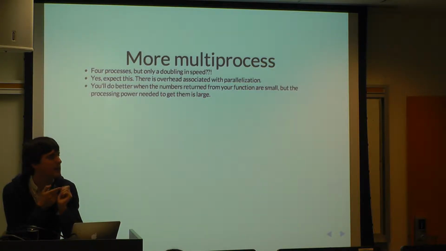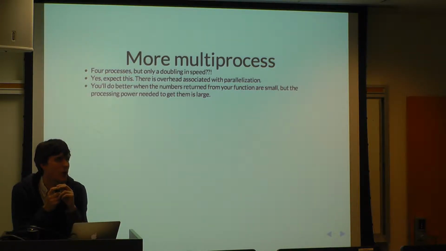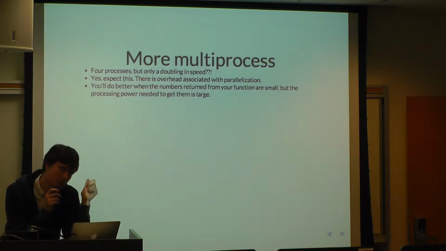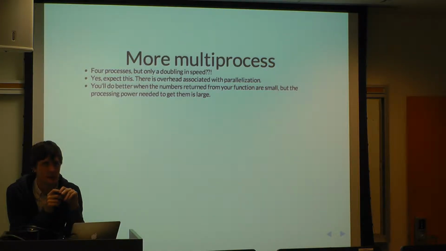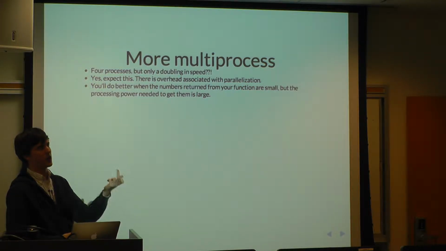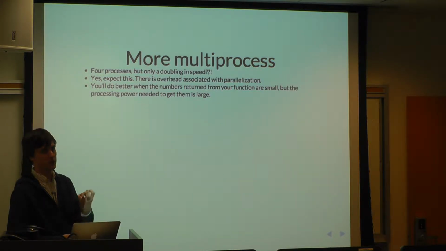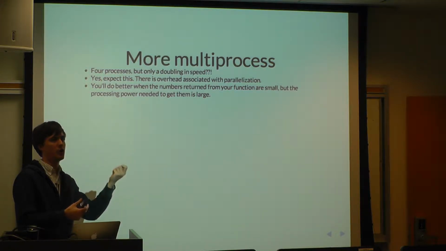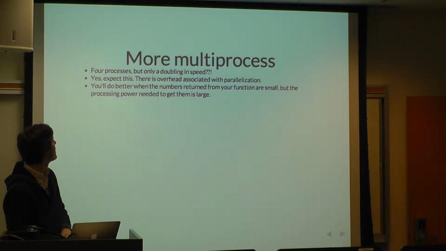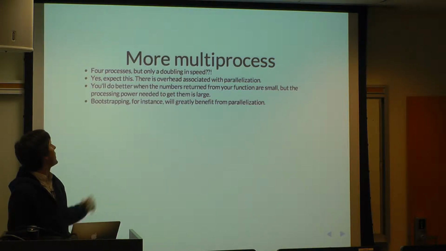The way the internals of this work, I was reading something about this yesterday, is that they have a global queue, and when one of your cores or one of your R sessions finishes the job that it's on, it grabs the next one out of the queue. So if it doesn't have to be going back and looking at the queue more times, it's going to do better. Okay, so like bootstrapping, that's something that you could get a lot of benefit from.